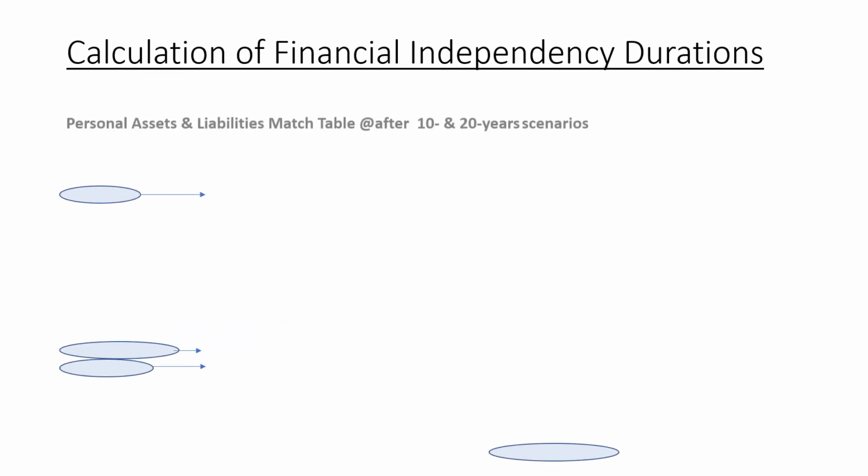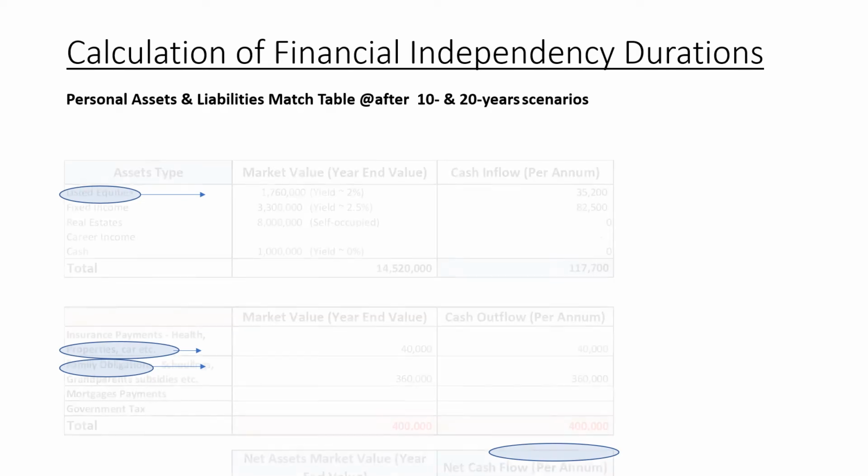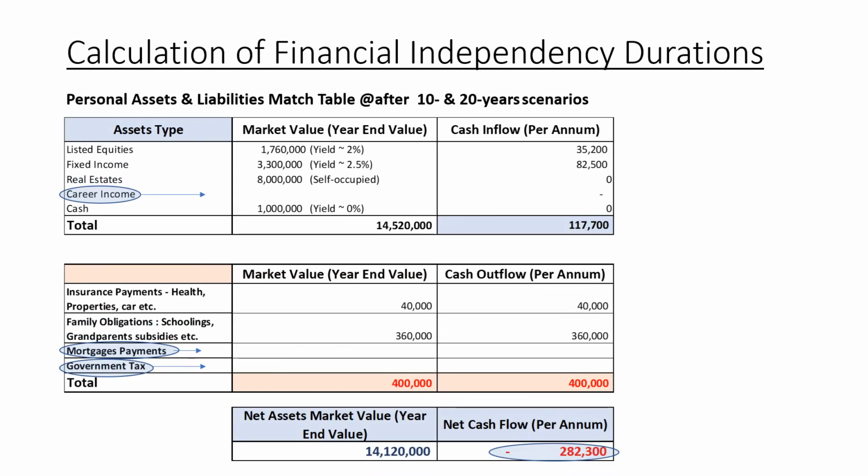Okay, now we can list both the assets and the liabilities together, so we can see how we get the net market value and the net cash flow.